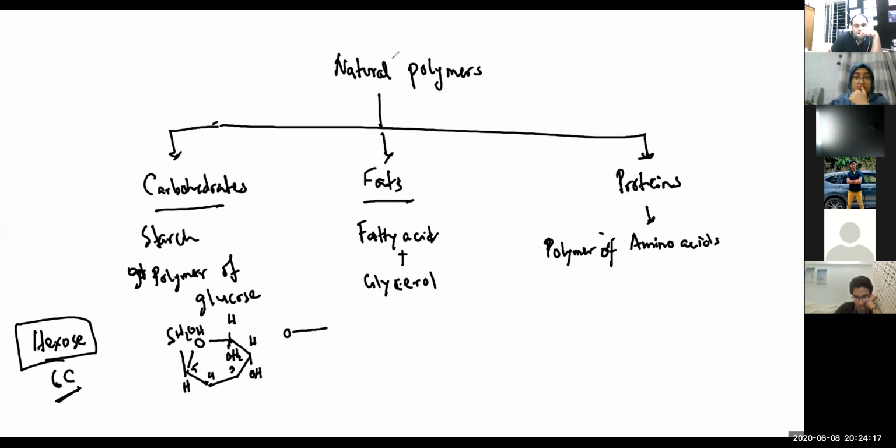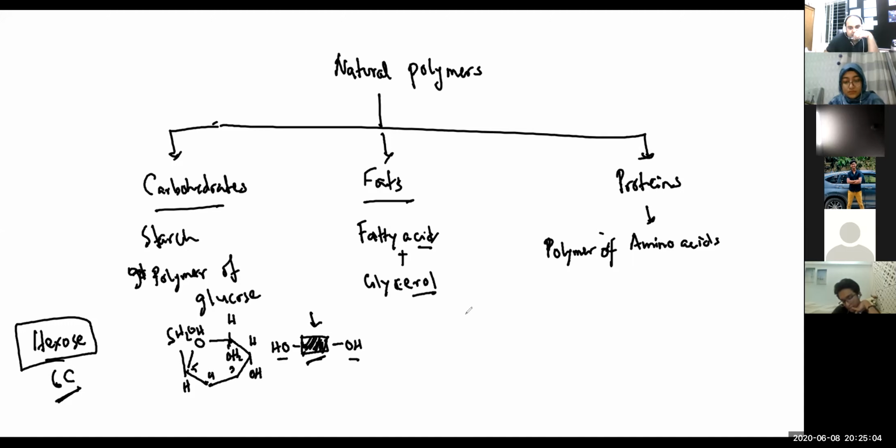Chemistry আমাদের simple একটা structure আছে, so we represent glucose as a diol. Exactly.